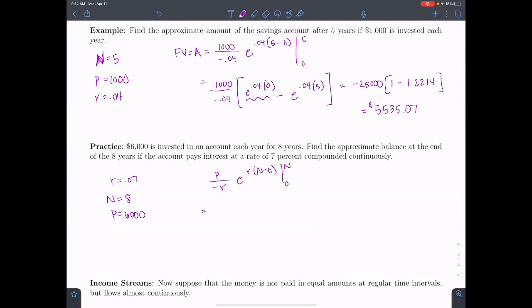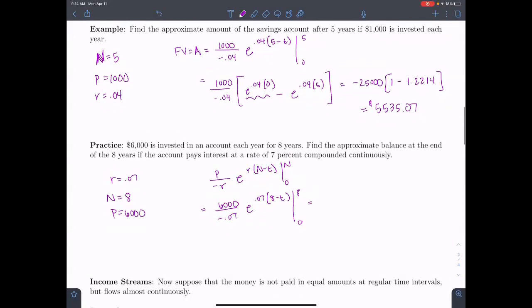That is 6,000 divided by negative 0.07 times e to the 0.07(8 minus t), evaluated from 0 to 8.